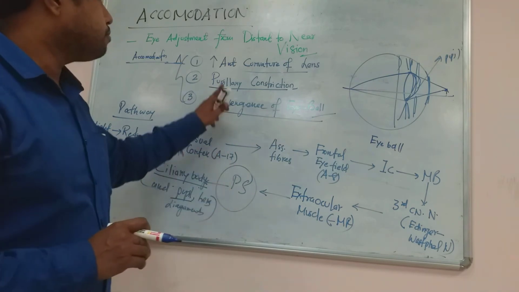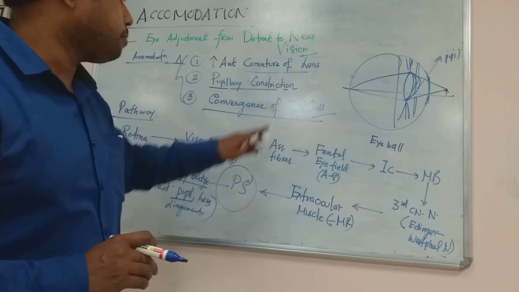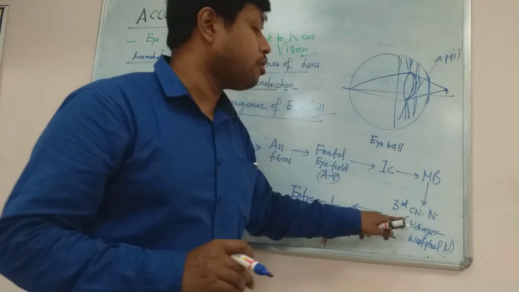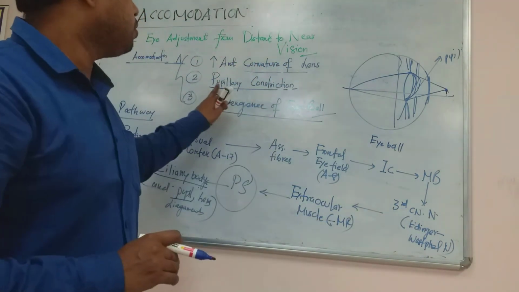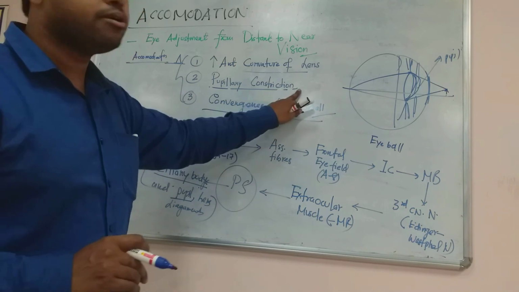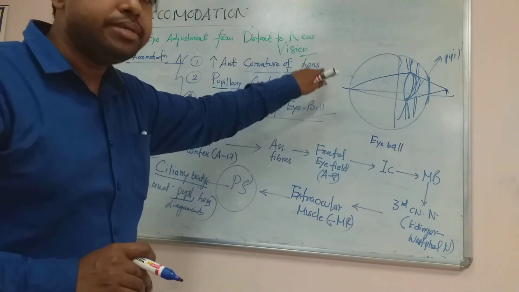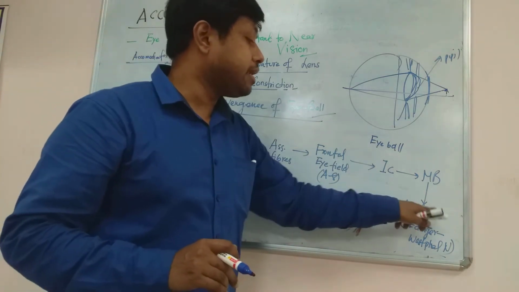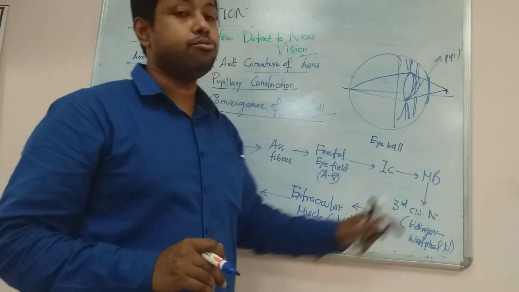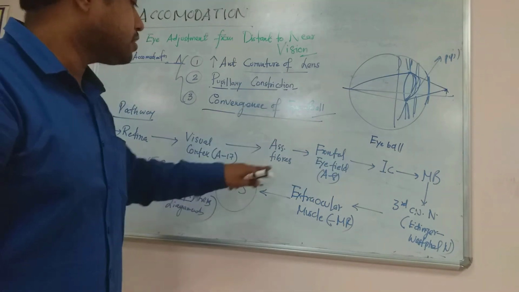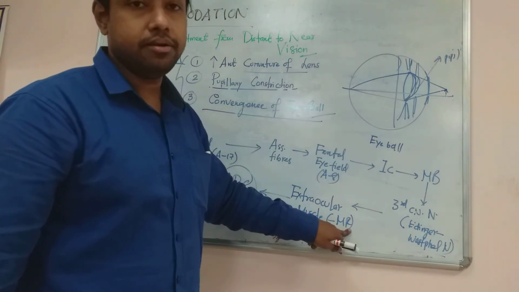I told you pupillary constriction is mediated by the parasympathetic nervous system, which is mediated by the third nerve nuclei or Edinger-Westphal nuclei. And the third mechanism, convergence of the eyeball, is because of stimulation of the medial rectus muscle.